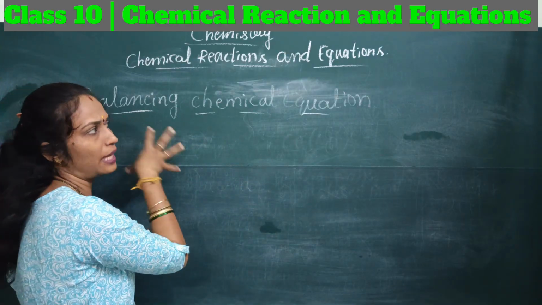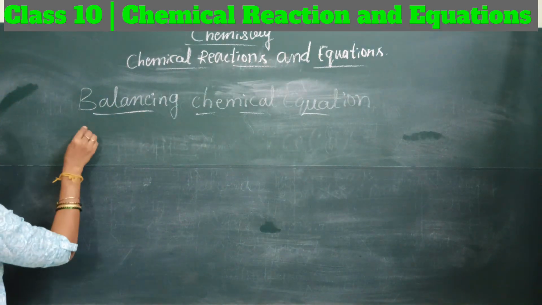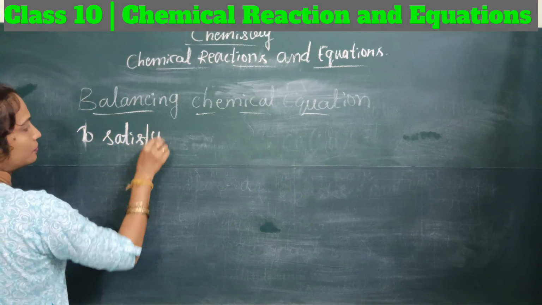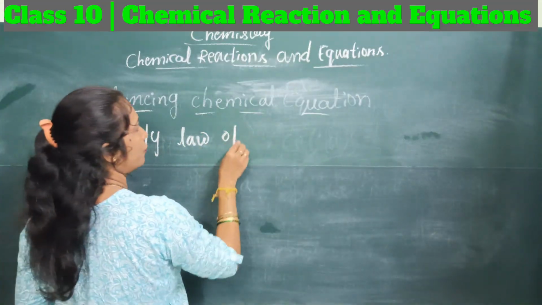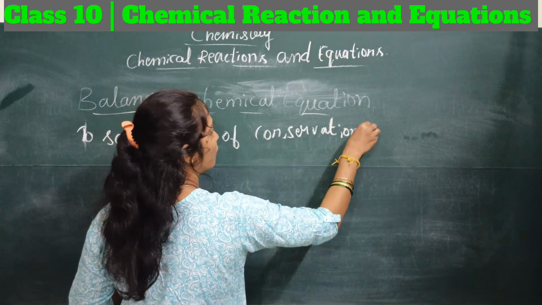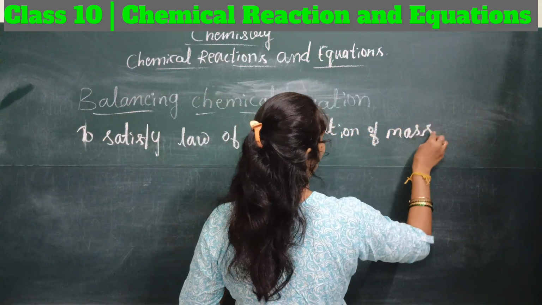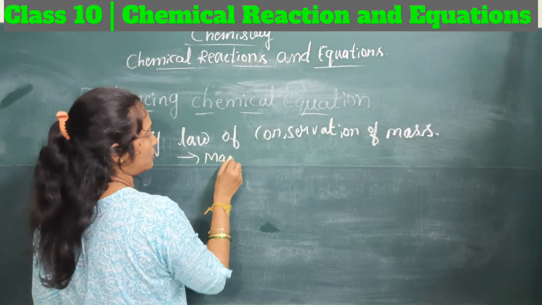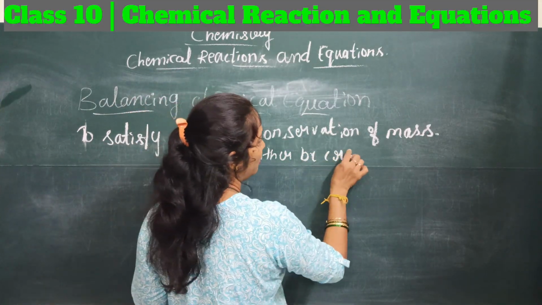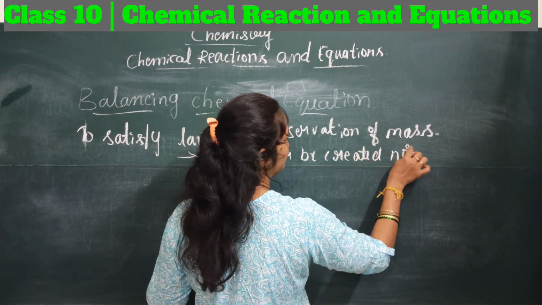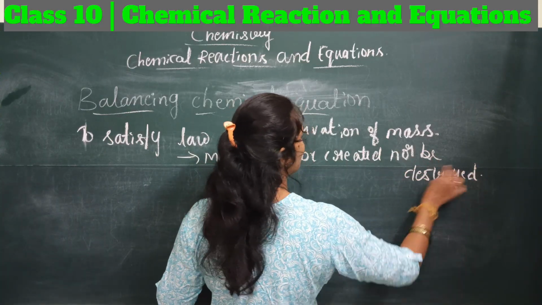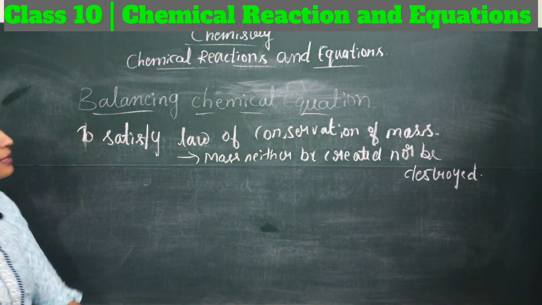How many atoms are there? The number of atoms must be the same. So to satisfy the law of conservation of mass, we need to balance the chemical equation.